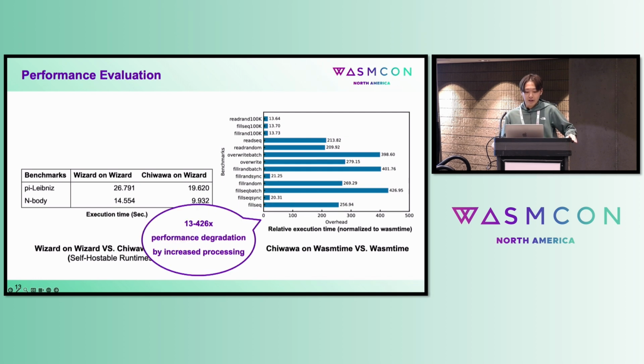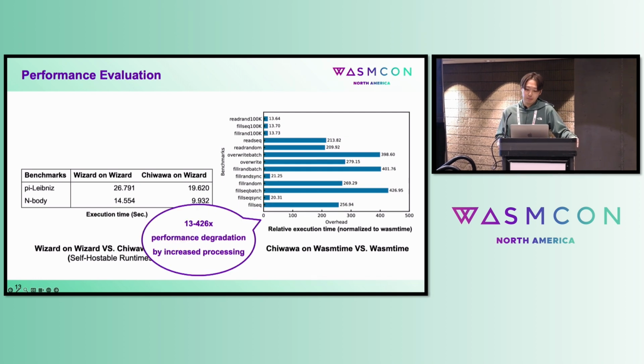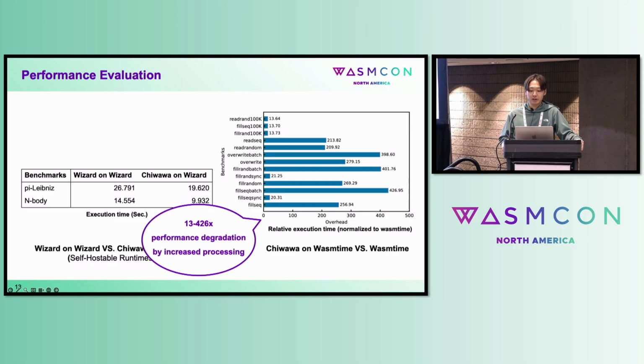Next, I compared the SQLite benchmark scores between running directly with Wasmtime and running with Chihuahua on Wasmtime. The experiment results showed that the self-hosted runtime suffered a significant performance degradation. This is primarily due to substantial overhead still incurred by the duplicate runtime execution.